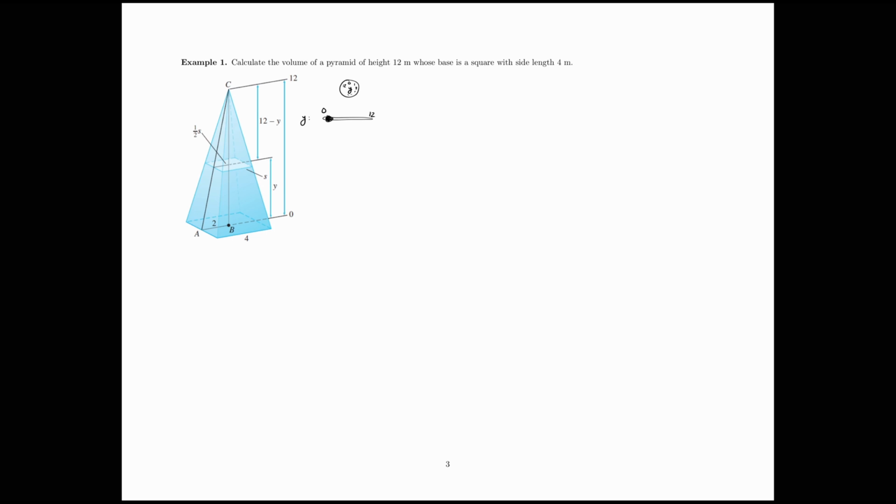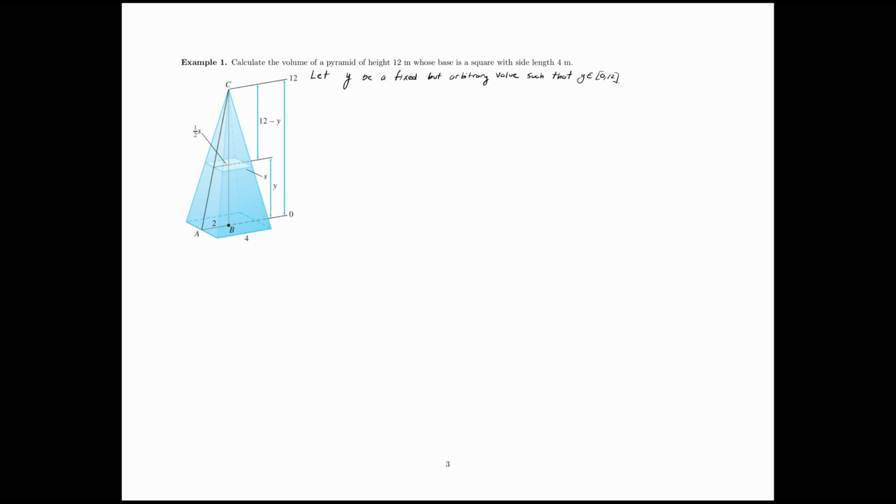So I'm going to just write this down and say, let y be a fixed but arbitrary value such that it is some number between 0 and 12.